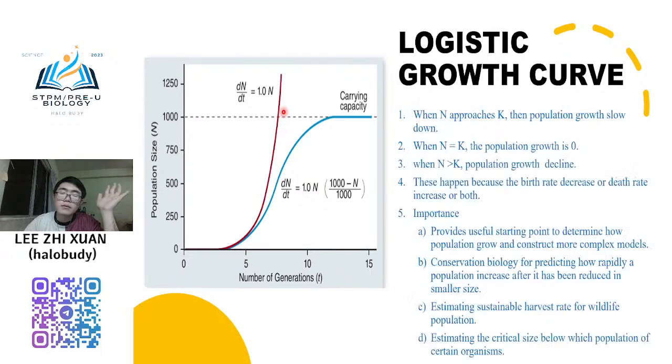Okay, so when n approaches k, when the population size is close to carrying capacity, the population growth is slowed down. Meaning that when the population size starts to near the carrying capacity, the population growth has already become slow.